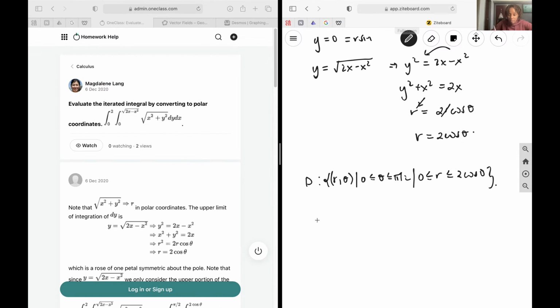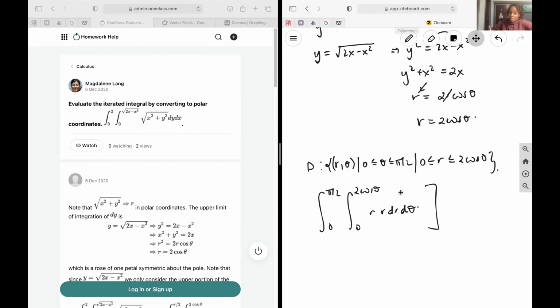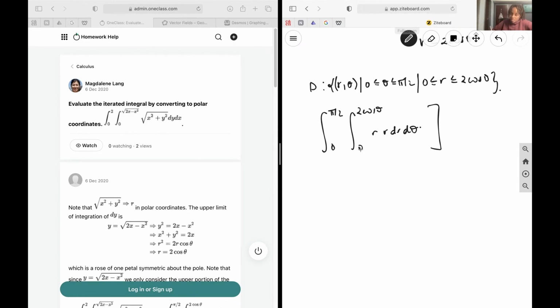And so when I write that out, it will be 0 to pi over 2, 0 to 2 cos theta. We found that the argument is going to be r, and then my area, dA in polar coordinates, is r dr d theta. So we've successfully converted it to polar coordinates, and now we need to just solve it.